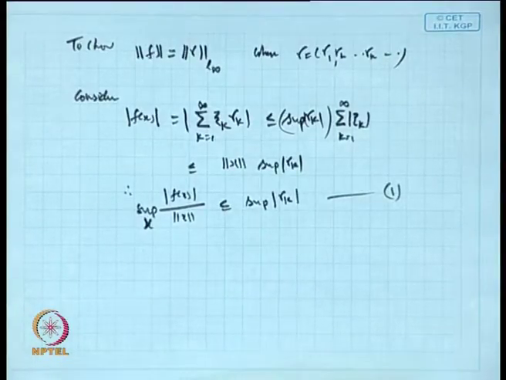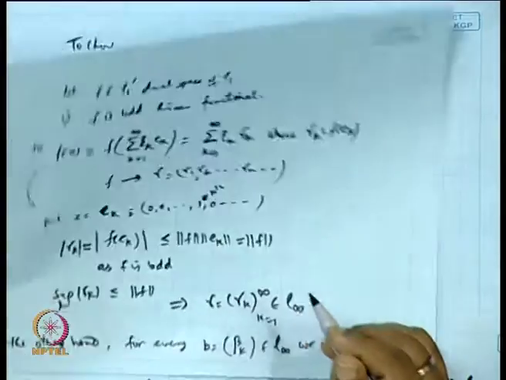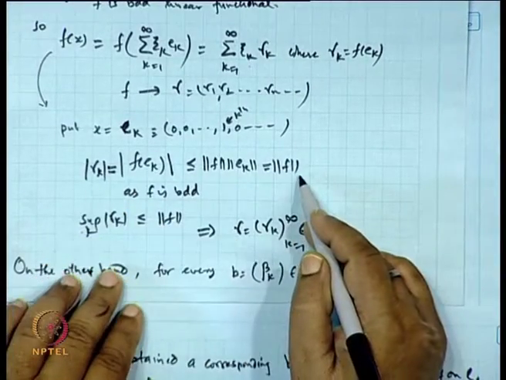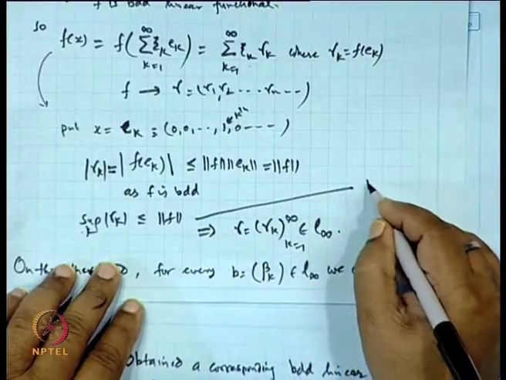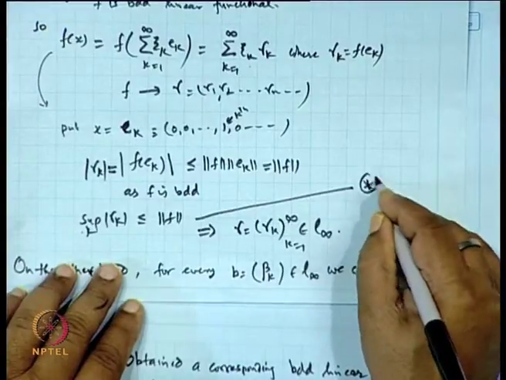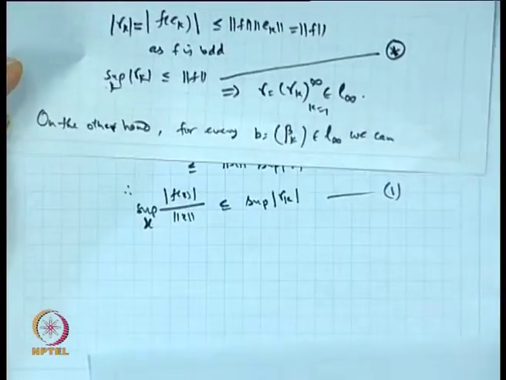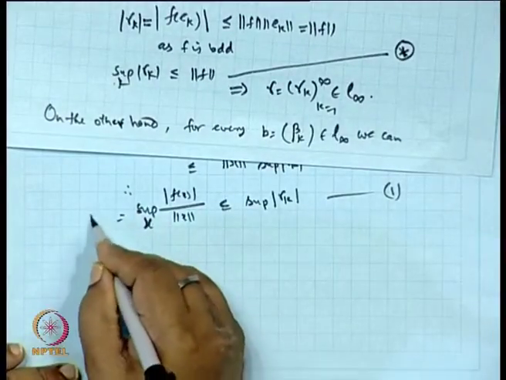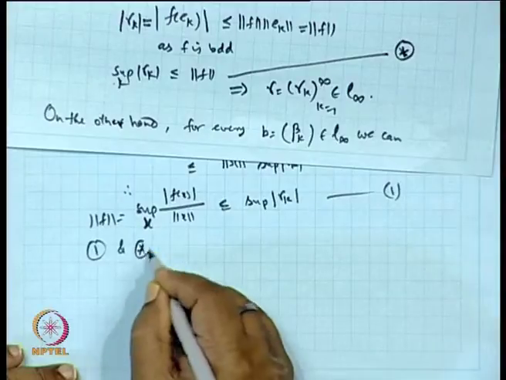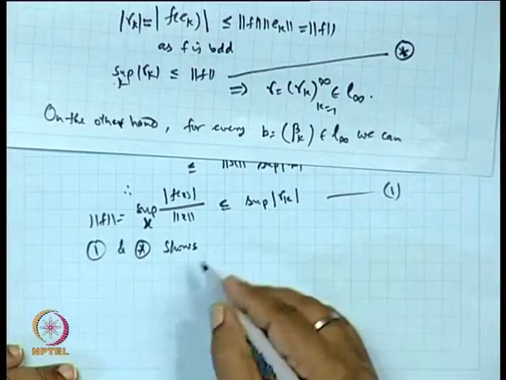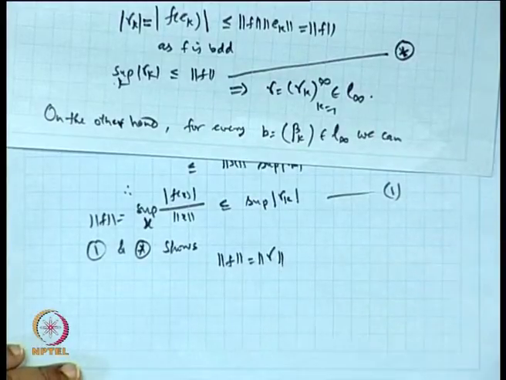And earlier we have seen also this part: mod of gamma k is less than or equal to norm f. So, this part we have seen, say 1 star. If I take star and this combination, because this is our norm f, then 1 and star show that norm of f equals norm of gamma. Clear?